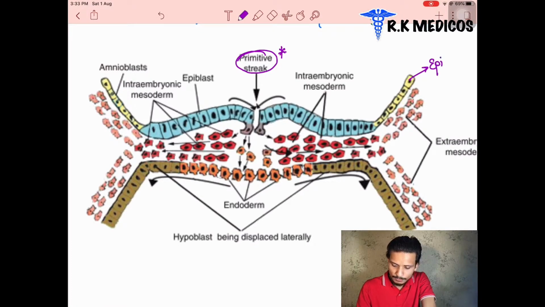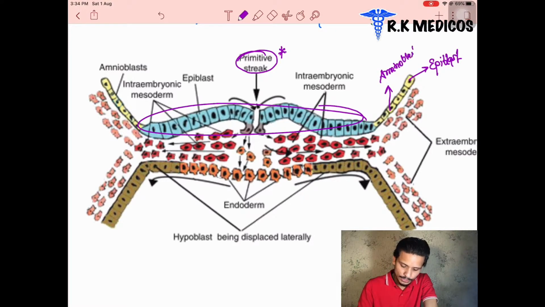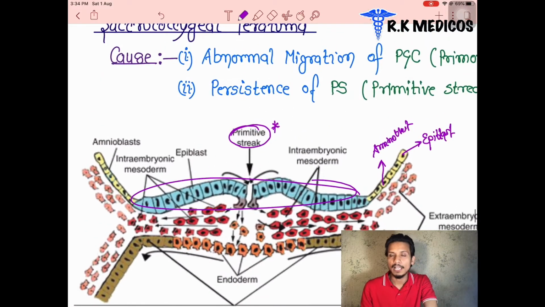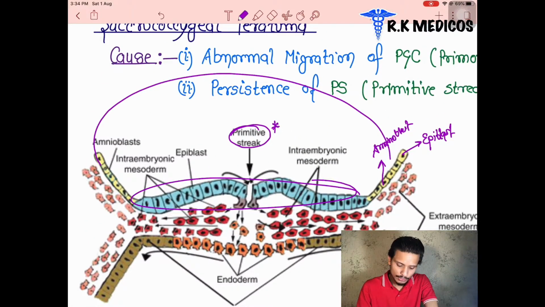Basically this is the lining epiblast, this region, and these are the amnioblast cells. These are the covering of which cavity? The amniotic cavity, which we already discussed in an earlier part.